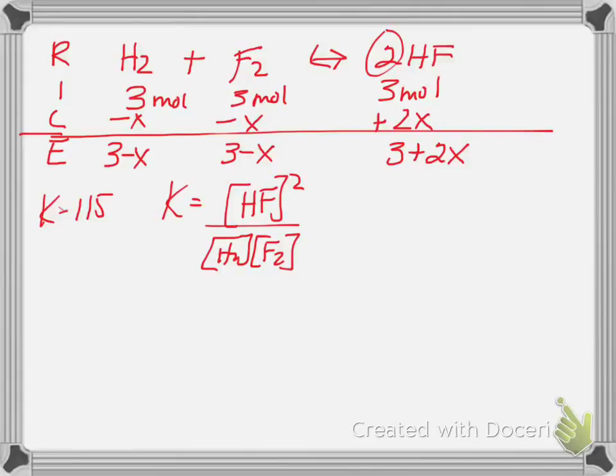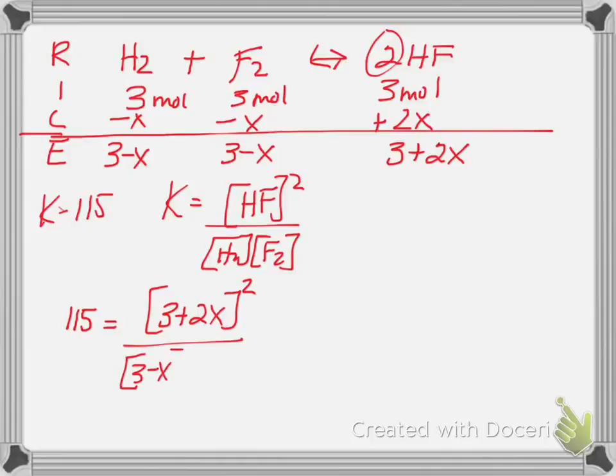So we're going to say 115 is equal to 3 plus 2x squared over 3 minus x, 3 minus x, which is essentially what on the bottom? Squared. So what can I do to simplify my math?